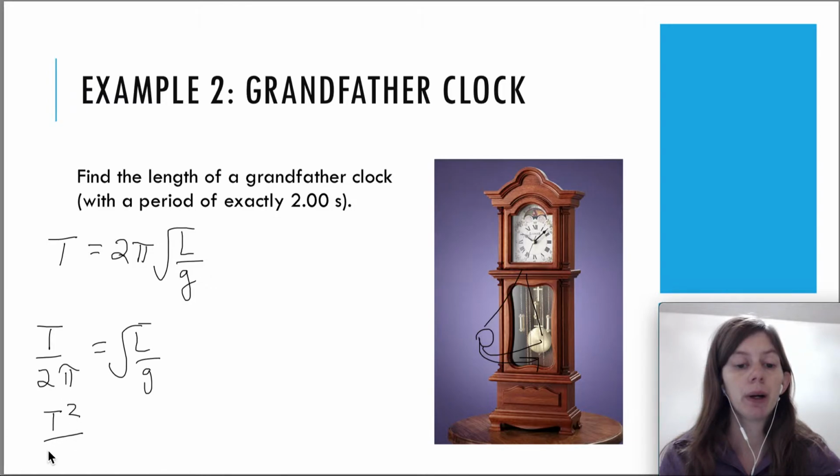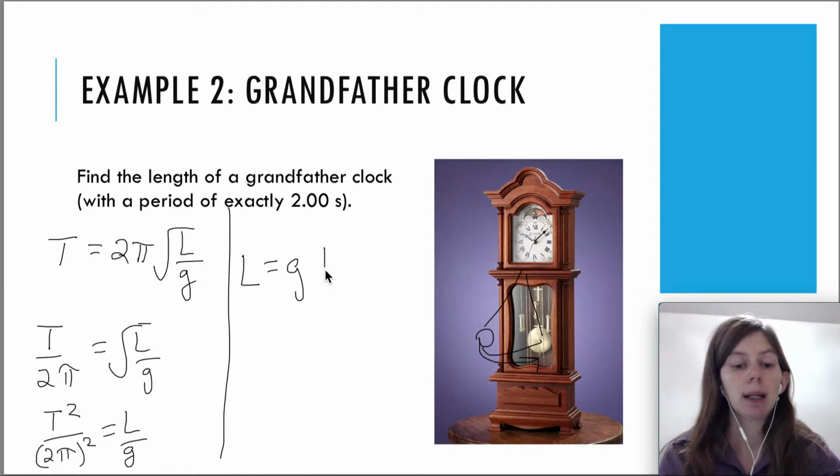So T over 2 pi, all of that squared, is equal to L over g. And then we multiply by g in order to get L by itself. So we're going to get g times T squared over 2 pi squared, which is equal to 4 pi squared because you have to square the 2 as well. And then we're going to plug in the numbers.